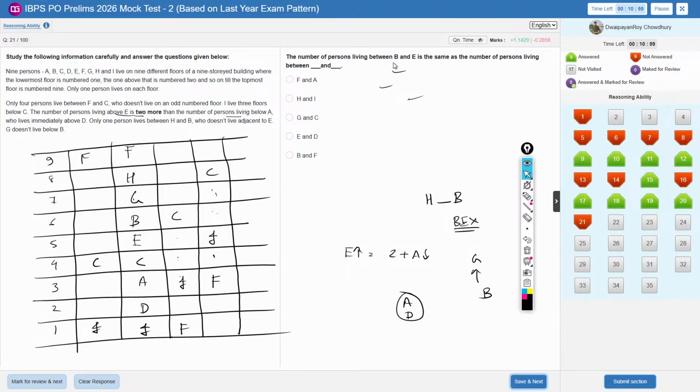The number of persons living between B and E is the same as the number of persons living between. So immediate neighbors, FA no, HI no, GC no, ED no, and BF no. Okay, excellent. So one condition was B not near E, right? Right. So this one is incorrect, definitely.